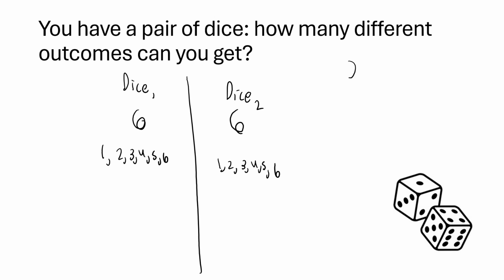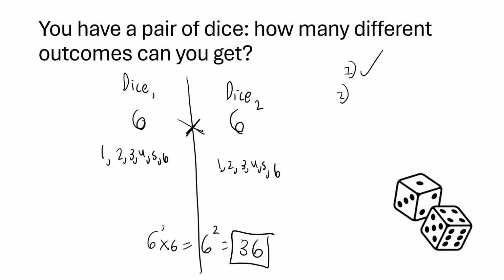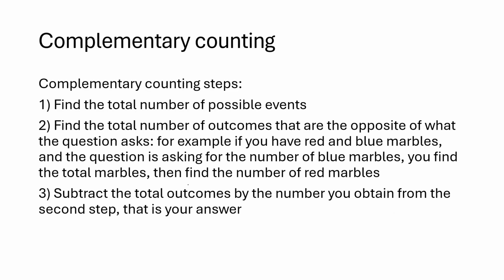So now we're done with step 1. Our next step is just to multiply them together, and that's step 2. And 6 times 6 is equal to 6 squared, which is equal to 36. So you can get 36 different rolls from a pair of dice.